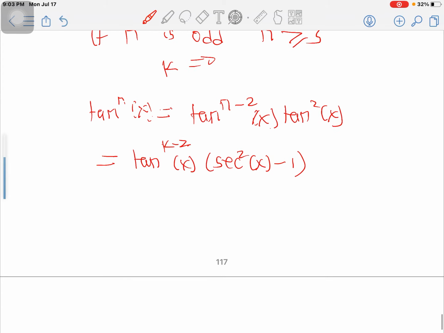In this case, we made tan square x the subject from the identity that we discussed above, and then we substituted it. At the end of the day, we are going to get an expression as tan to the power n minus 2 of x times sec square of x, minus tan to the power n minus 2 of x.